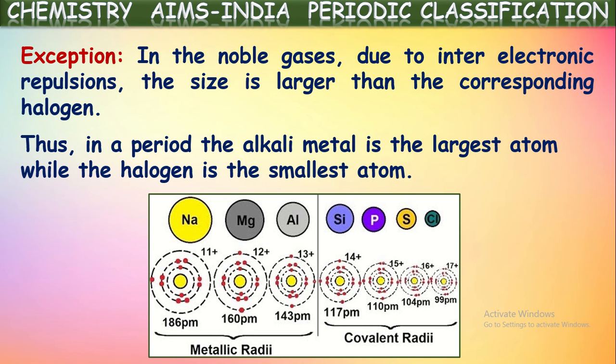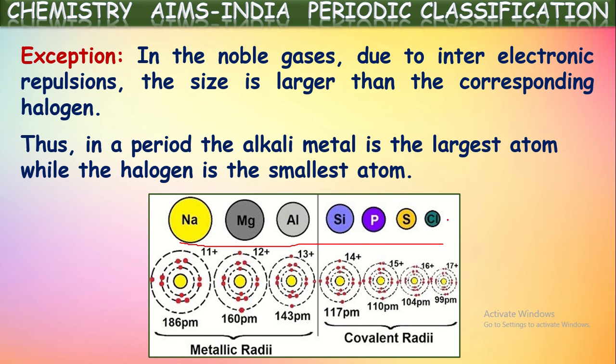Okay, what did we say here? In general, atomic size in a period from left to right decreases because the effective nuclear charge increases on the outer electron cloud. So size is being gradually decreased.